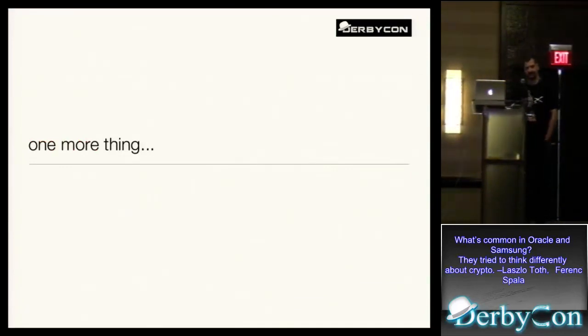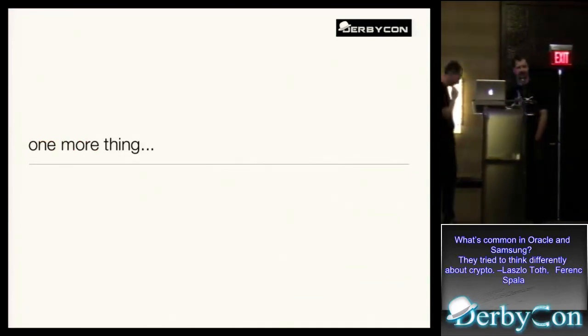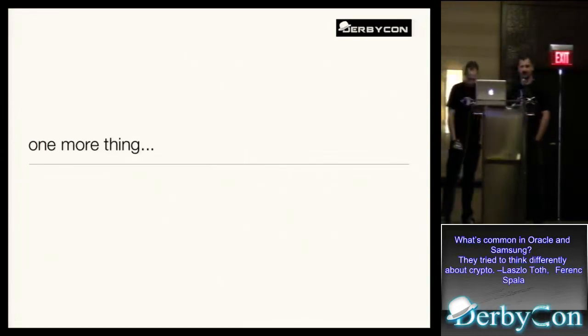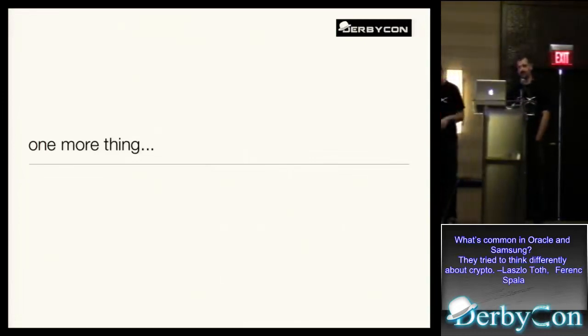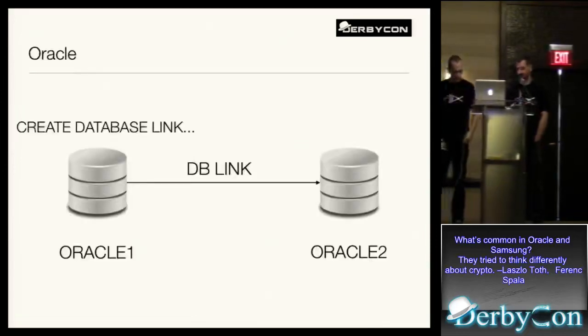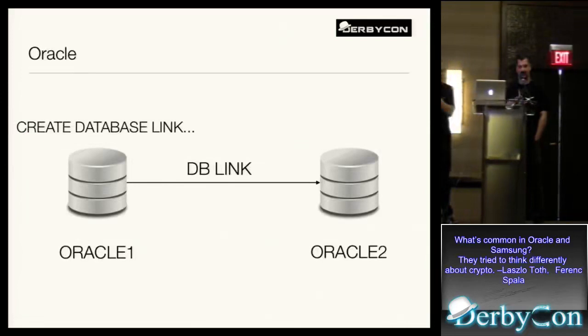One more thing. We know, last year we had a mobile part in our database presentation. This year we have a database part in our mobile presentation. We know it's far-fetched, but it's about crypto and it will be fun, you will see. We talk about how Oracle stores the database link passwords.